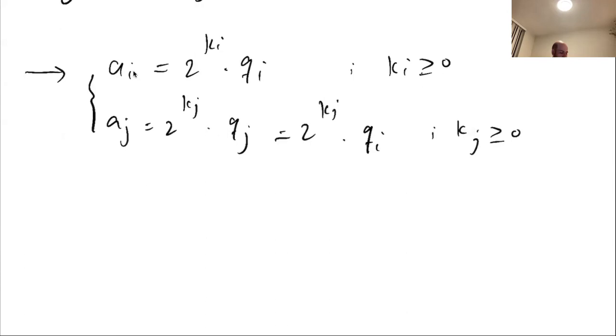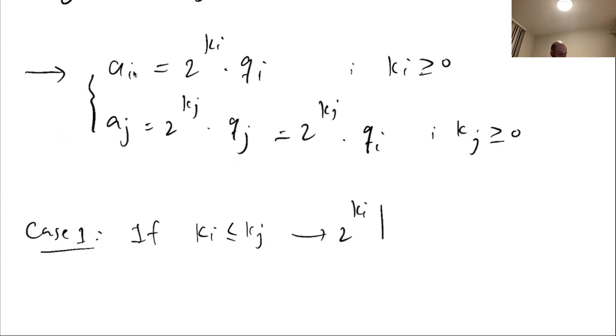Why? Because I have two possibilities. So now case one, if KI is less than or equal to KJ, then 2 to the power KI will divide 2 to the power KJ, right? For example, 2 to the power 5 divides 2 to the power 6, or 2 to the power 6 divides 2 to the power 8, and so on.